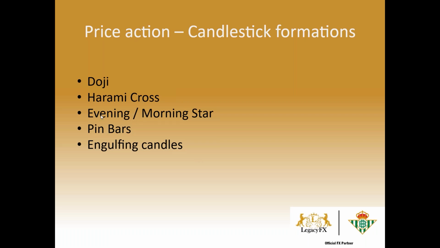Right, so a pin bar. There are two versions of a pin bar. You have bearish pin bars and bullish pin bars, and it is determined not by the direction of the body of the candle. It is determined by which end of the candle the long pin, or tail, or wick is.